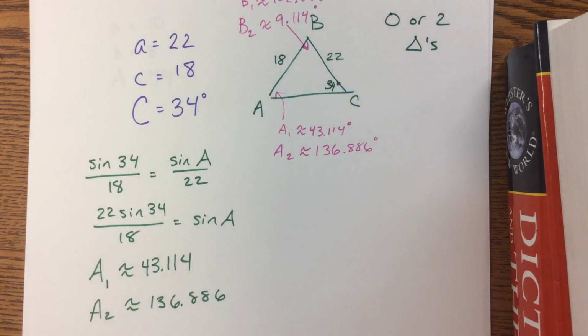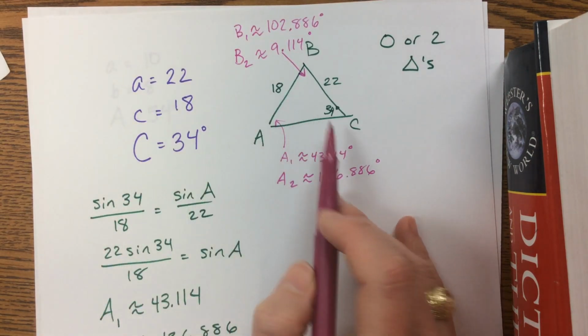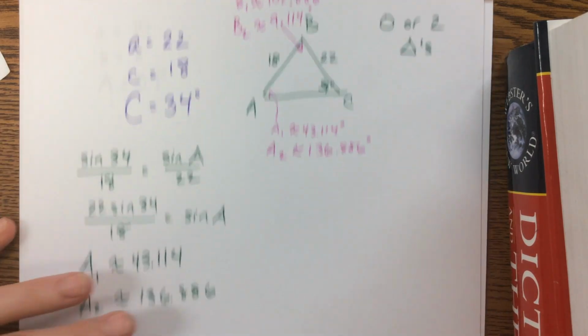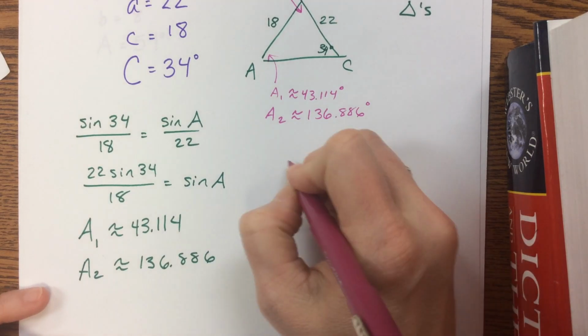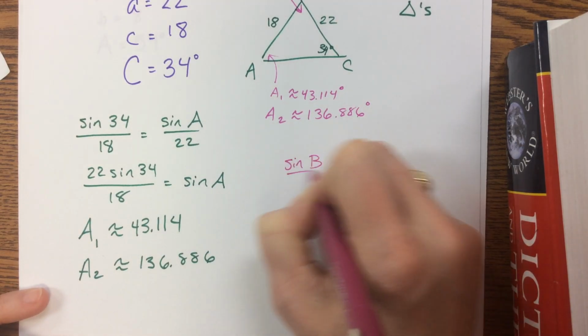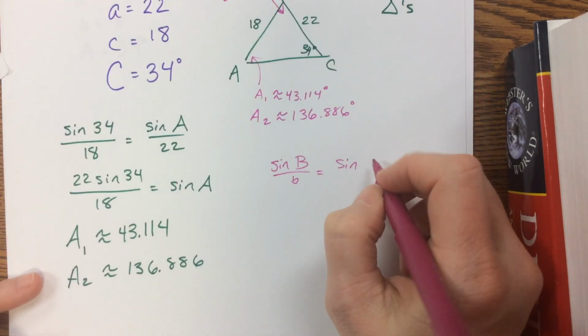At this point we have C, and we still need to find little b, and you could find that using the law of sines. I'm going to do it this time, but I might not do it again. So I have sine of big B over little b is equal to sine of c over little c, because it's a nice pretty number.